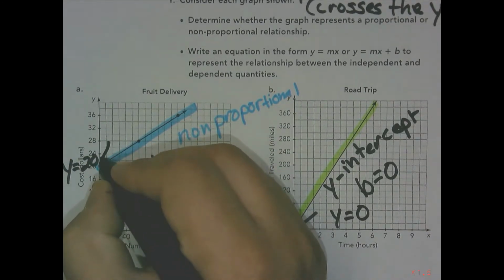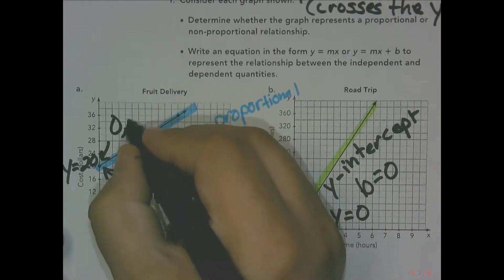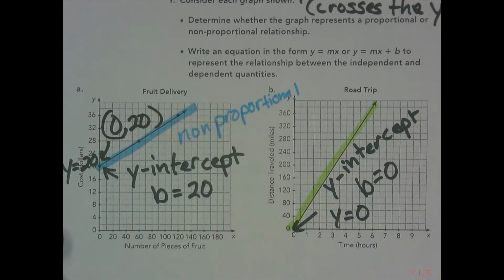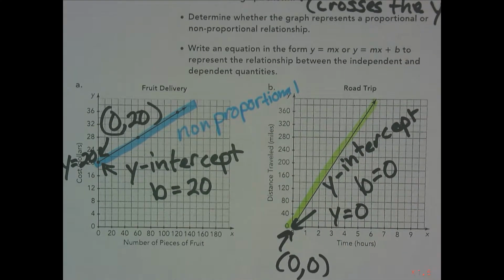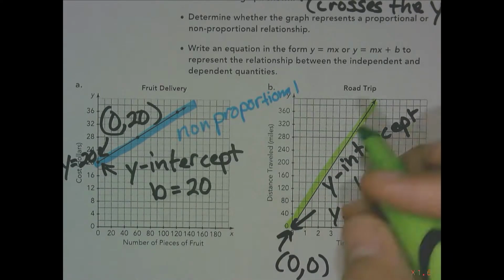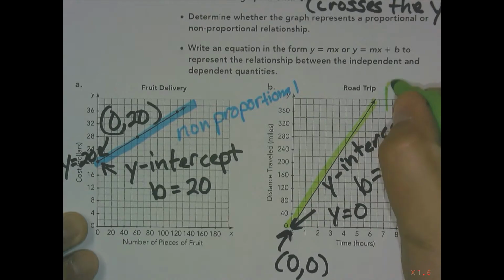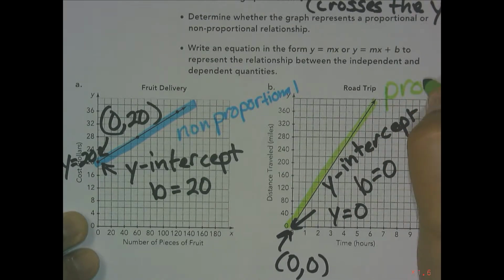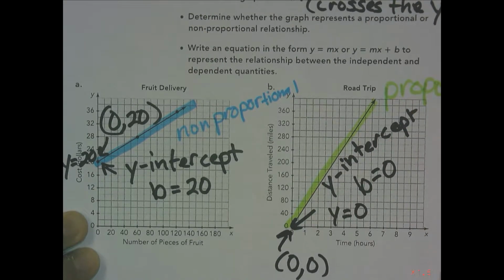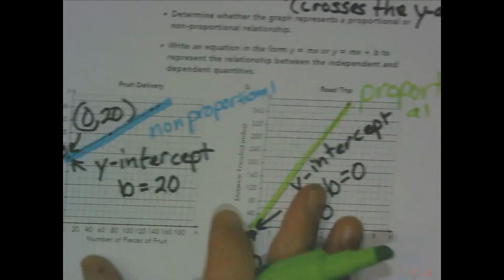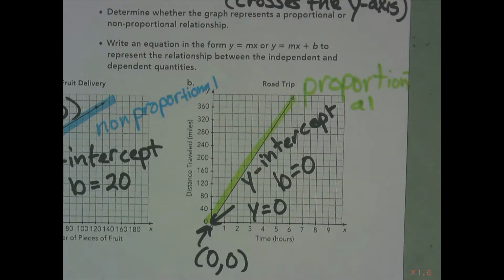This point right here on the line is 0, comma 20. That's the y-intercept. This point over here is 0, comma 0. So it goes through the origin. So if it goes through the origin and it's a straight line, what does that tell us? It is a proportional relationship.